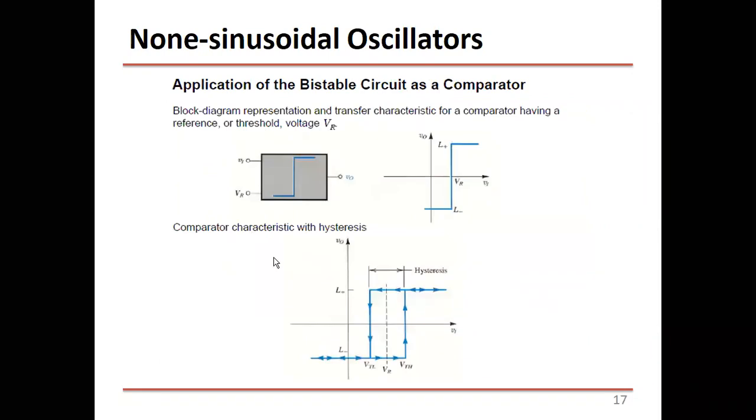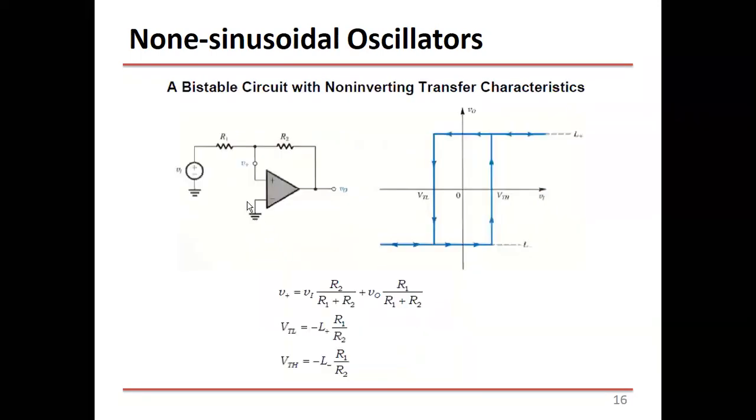So generally we can do this in many different ways. This is a comparator without hysteresis, and this is a comparator with hysteresis. And we can also shift the hysteresis to a certain reference voltage. How to do this? Instead of applying 0 voltage here, we can put a reference. If you put 1 volt here, this hysteresis loop will be shifted to the right by 1.